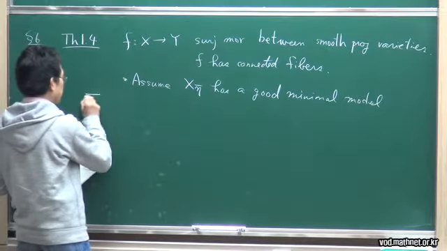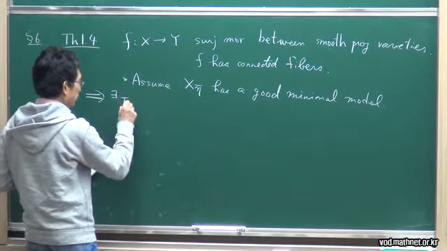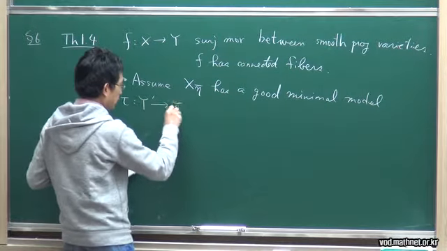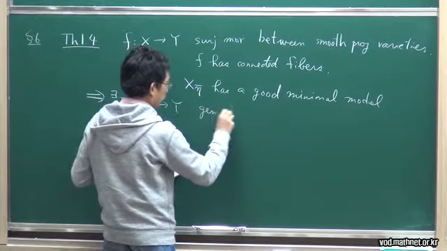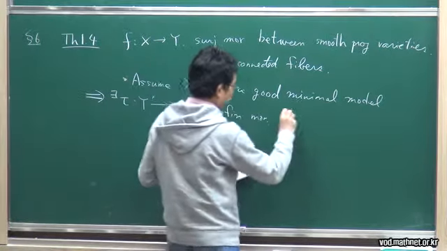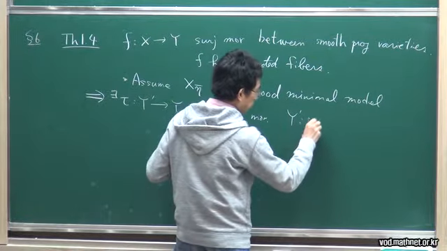Then there exists a generically finite morphism tau: Y prime to Y, from a smooth projective variety.